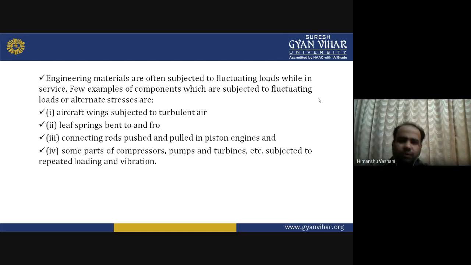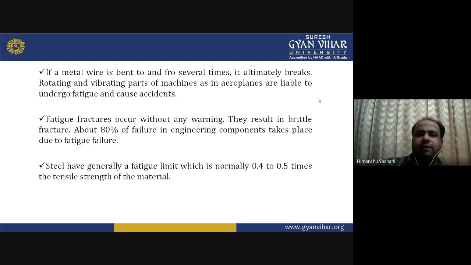So let's go further. If a metal wire is bent to and fro several times, it ultimately breaks. We have seen that earlier: if you take a metal wire and bend it to and fro, it automatically breaks down. So rotating and vibrating parts of machines, as in aeroplanes, are liable to undergo fatigue and fail, causing accidents.